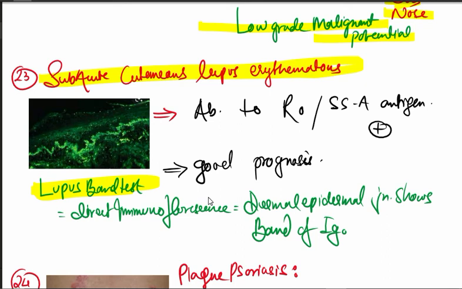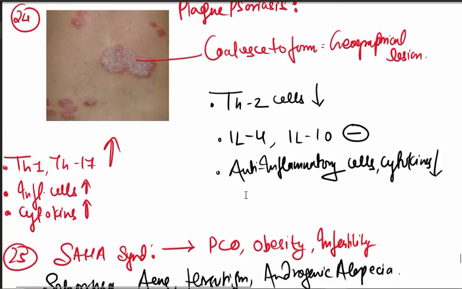This greenish band is the band of immunoglobulin at the dermoepidermal junction, and the antibodies involved are anti-Ro or SSA antigen. Usually the condition has a good prognosis.